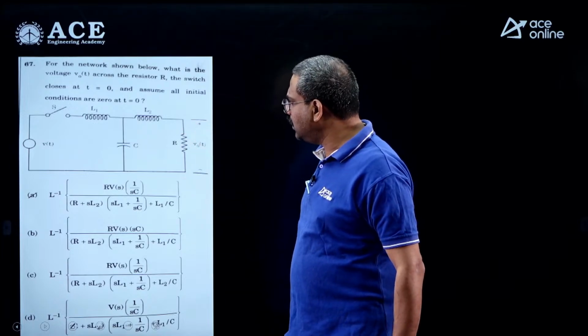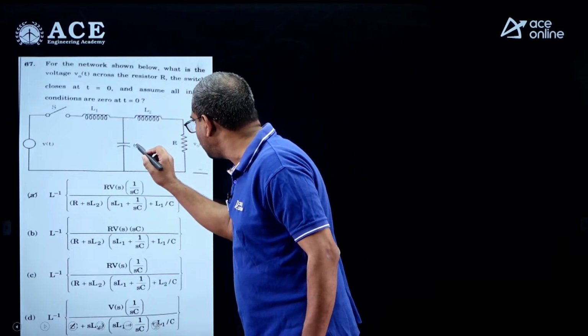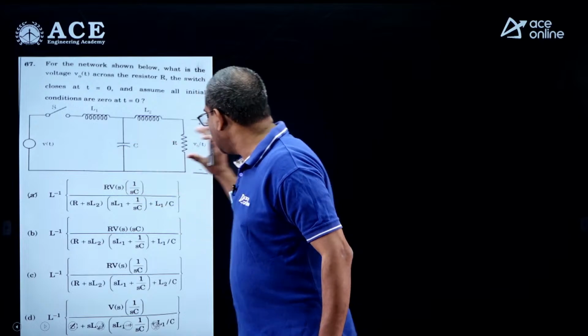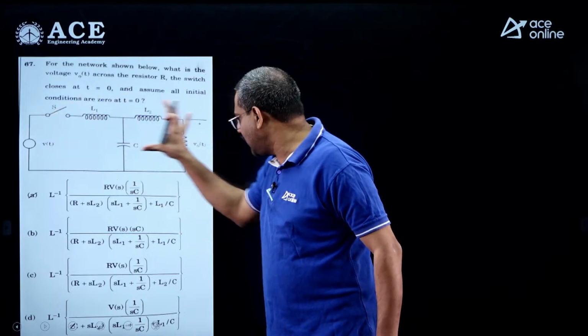Now what I will do, see if you observe, I will do nodal analysis. First this will be L1S, L2S, 1 by CS, R, and I need the relation between VO and VS. VS is V and this is VO.